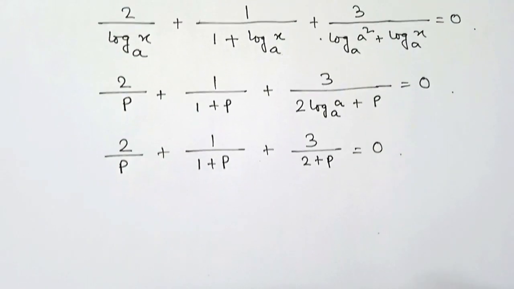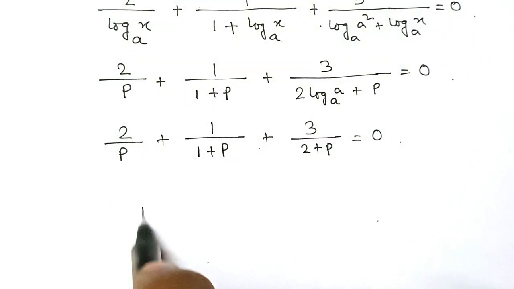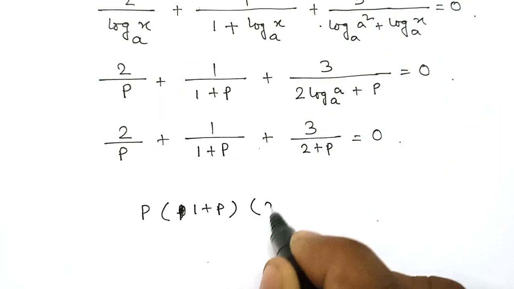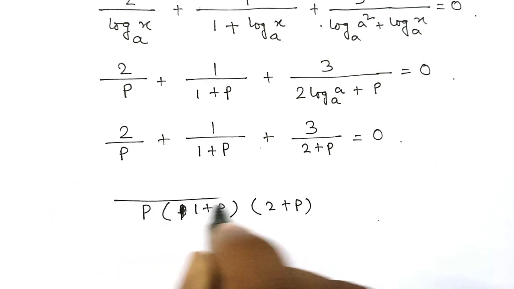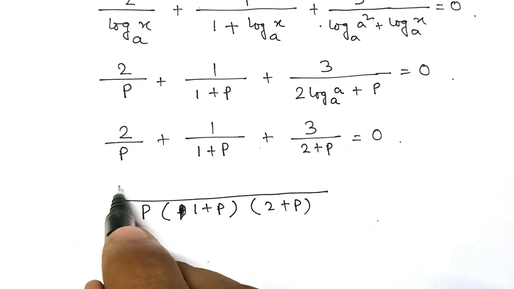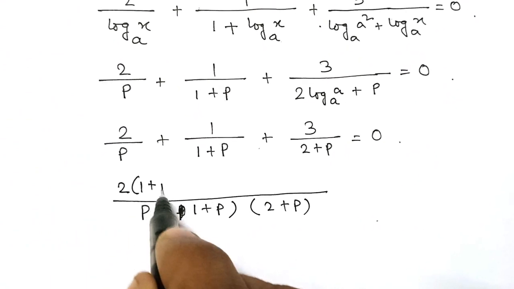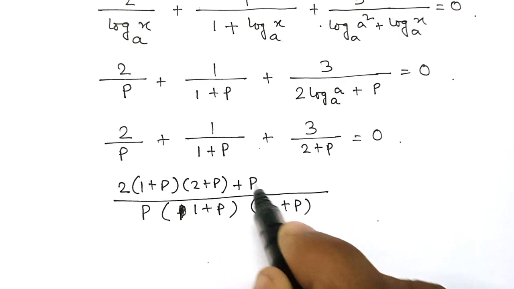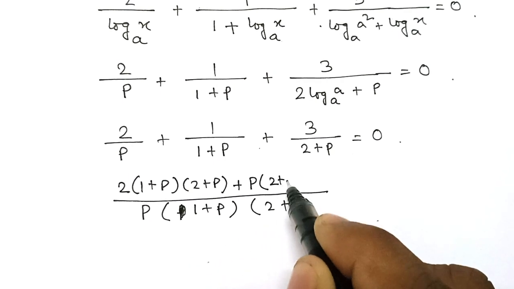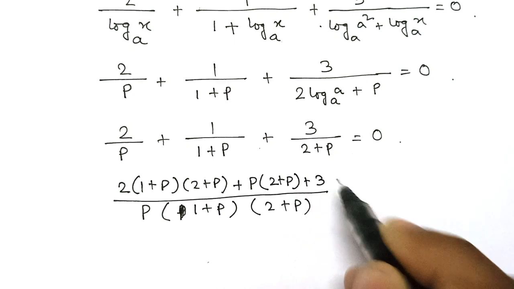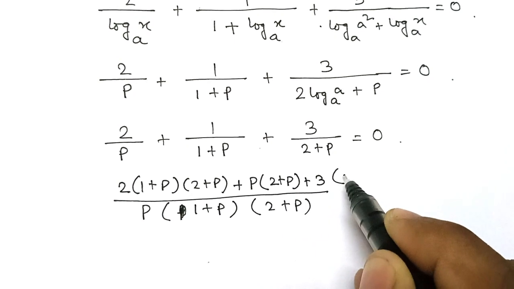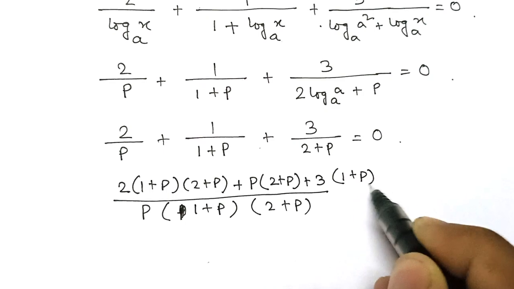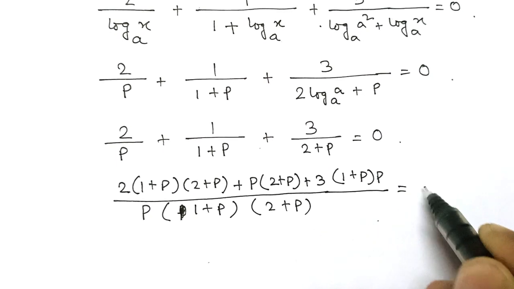Now we will take the LCM of p, 1 plus p into 2 plus p, and above this there will be 2 into 1 plus p into 2 plus p plus p into 2 plus p plus 3 into 1 plus p into p.